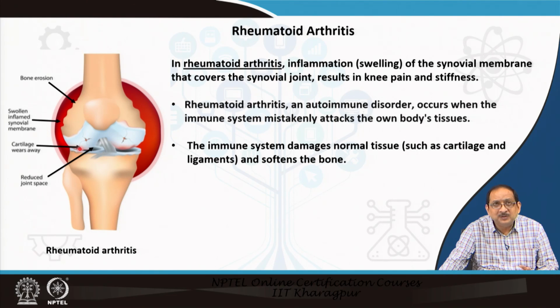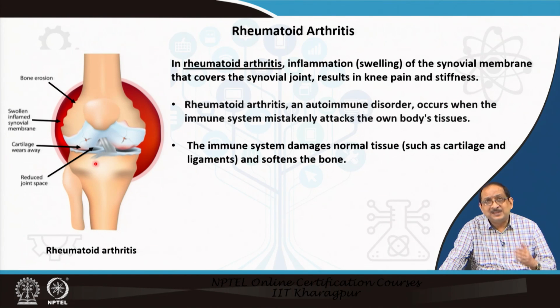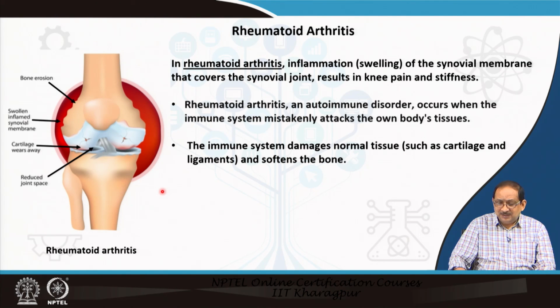As you can see on the left hand side, rheumatoid arthritis, as I have already indicated in the discussion on the hip joint, is an autoimmune disorder, and it occurs when the immune system attacks the tissue of one's own body. The immune system damages the normal tissue such as the cartilage and the ligaments, and it softens the bone.